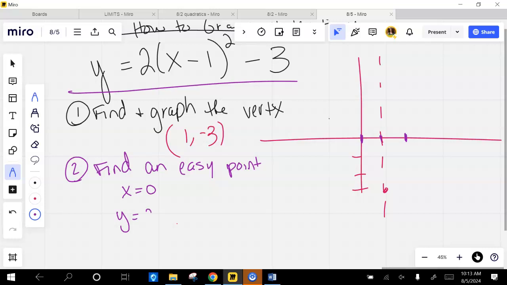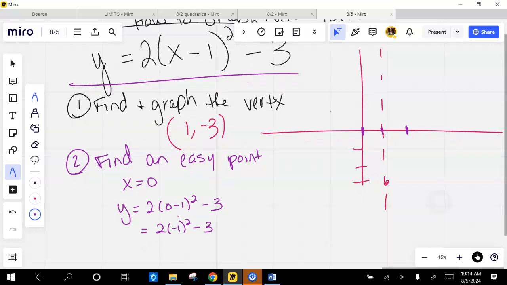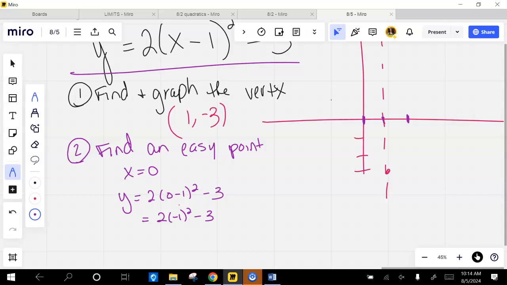So y equals 2 times (0 minus 1) squared minus 3. Be very careful because order of operations picks up here. What comes first? Parentheses. 0 minus 1 is -1. What comes next? Exponent.